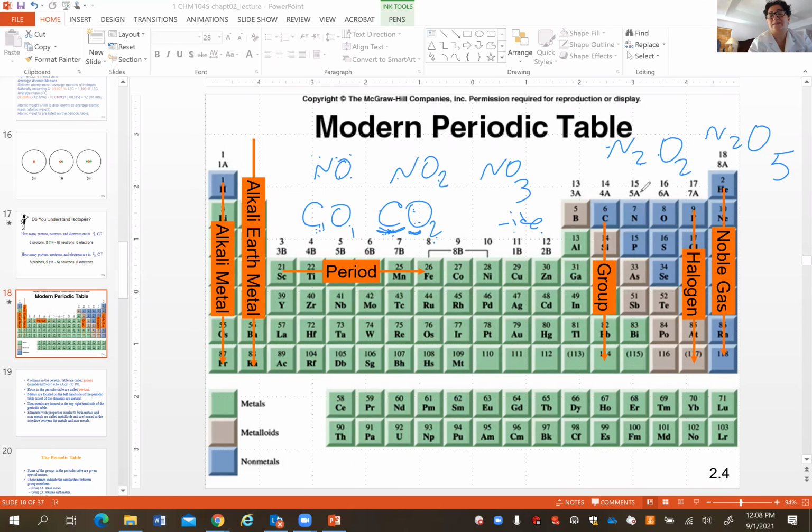So you're looking at the numbers for a molecular compound. And how do we recognize this molecular compound? One more time, if it's a combination of non-metals, then we know it's a molecular compound.